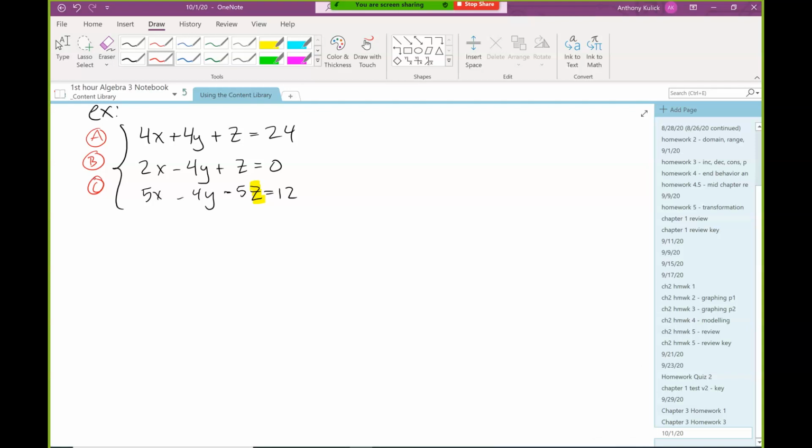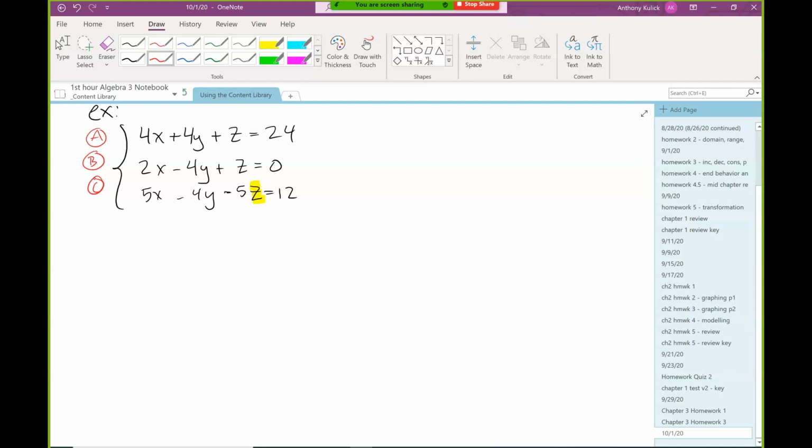So equation A and variable Z, notice that the variable Z has no coefficient on it. So if I get Z by itself, I'm never going to have to divide, and I won't have the opportunity to create any fractions. As opposed to that, if I took equation A and tried to get X by itself, I'd have to divide by 4, which creates a fraction.